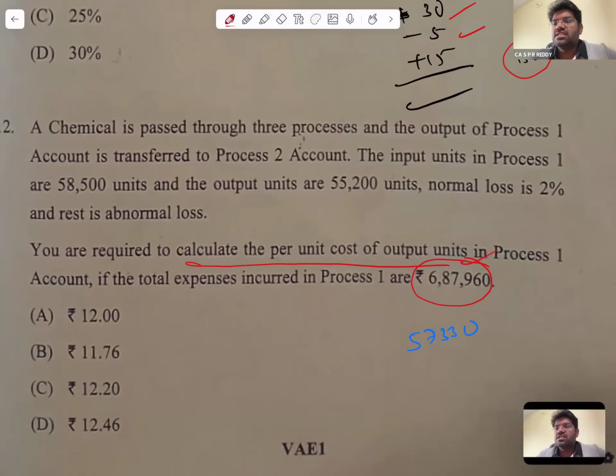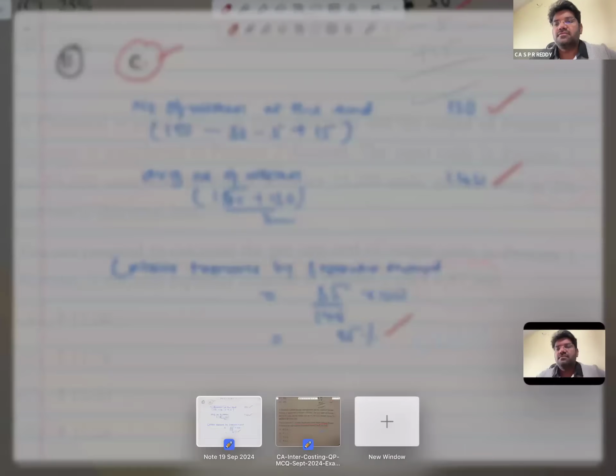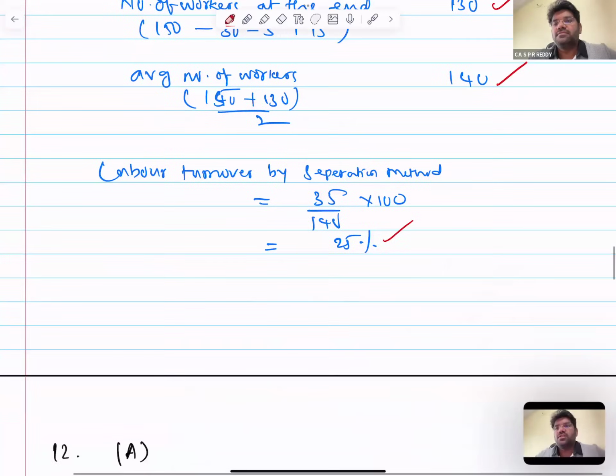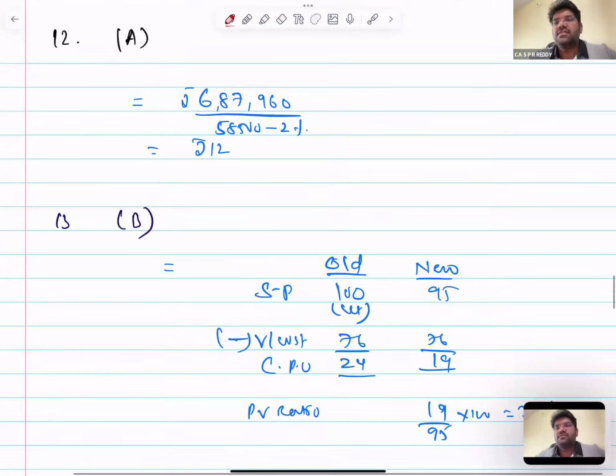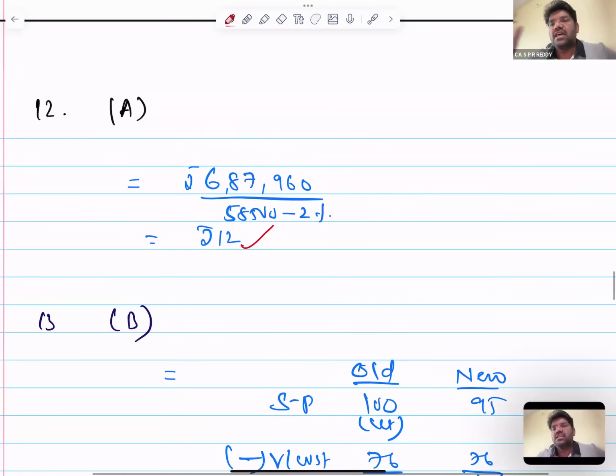The total cost is 6,87,960 divided by the input of this process, 58,500 minus normal loss 2%. Then you'll get the average cost per unit, 12 per unit. So A is the correct answer.